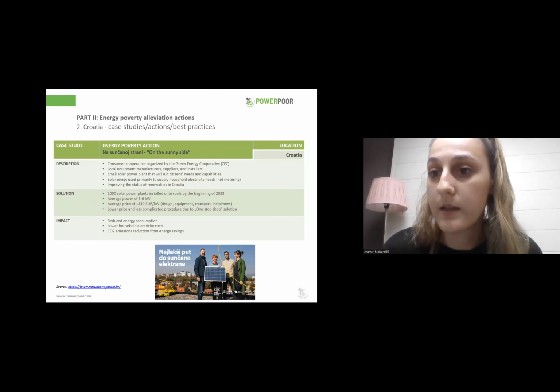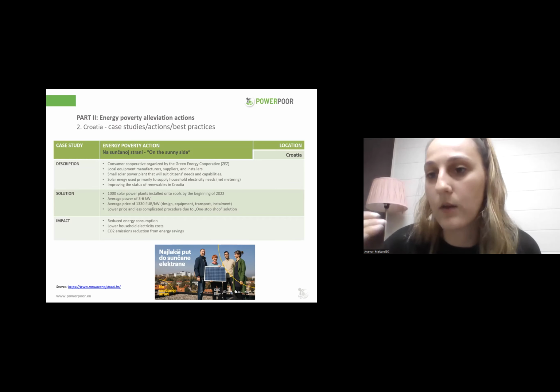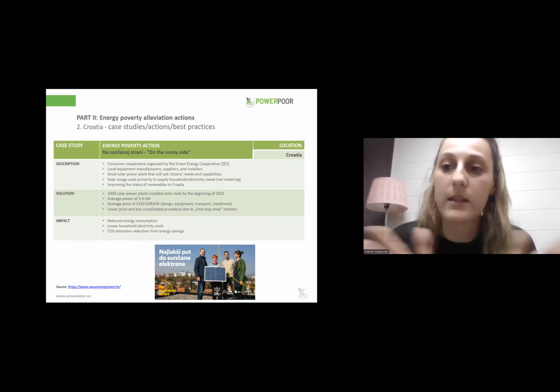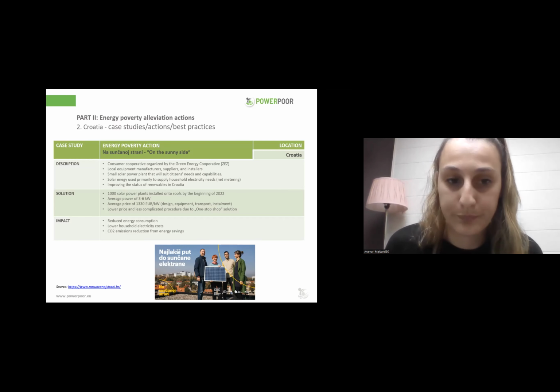They are really good in that area because their first project was in 2008 with UNDP, when I was in Croatia, and it was rural electrification where they put PV systems on the roofs of houses that are off the grid. So they hadn't even been connected to the grid. So this is their first project. Now they are more in helping the general public, but when there is a public call for energy for households, they can help citizens who need help with applying.